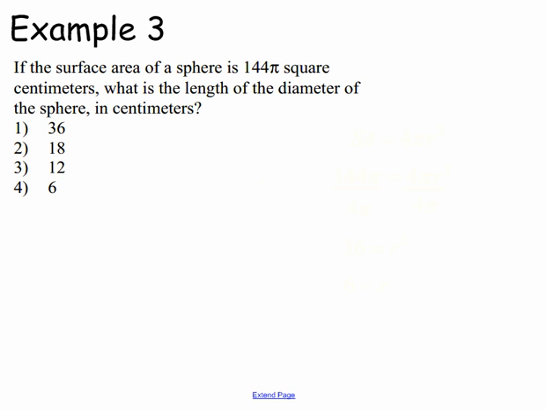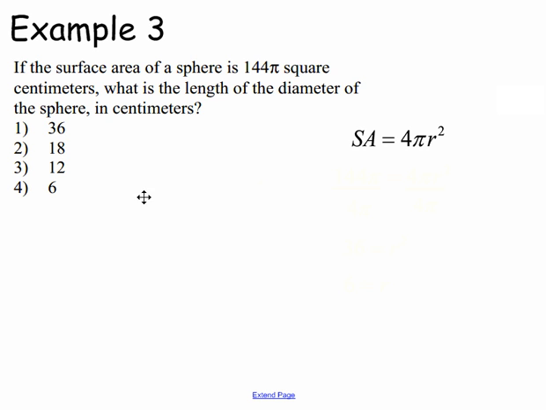Okay, one more. It says if the surface area of a sphere is 144 pi square centimeters, what is the length of the diameter of the sphere? So the formula for the surface area of a sphere is 4 pi r squared.